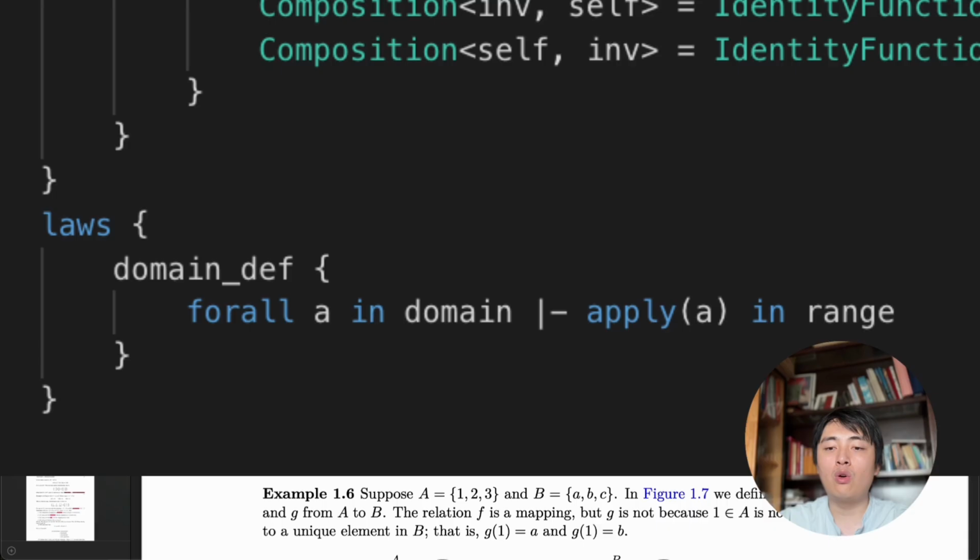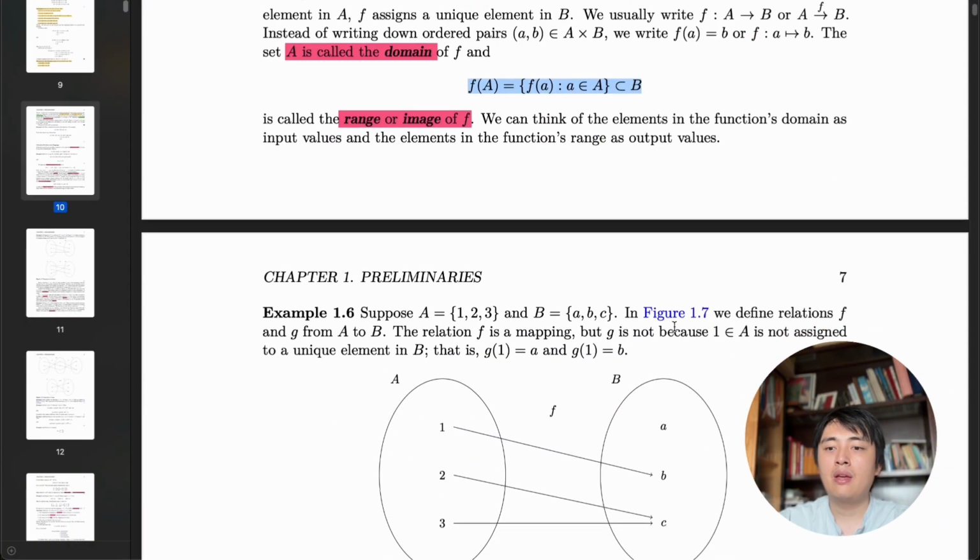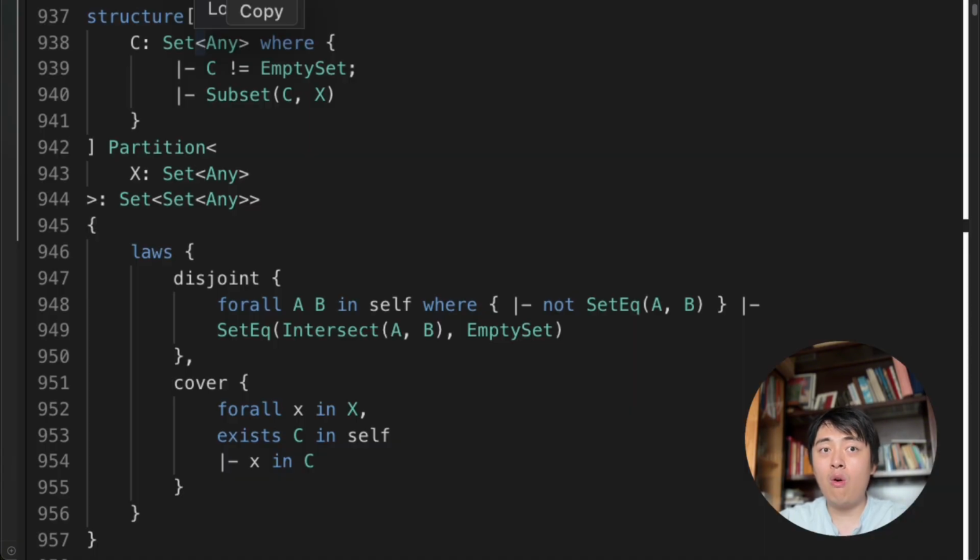This is a defining law of how function application should work, and it is about a method inside the function structure. It's important to know that a law should be a relation concerning everything inside the structure. It can concern self, the structure itself, the generics, the methods, the fields, or the interconnection between them.